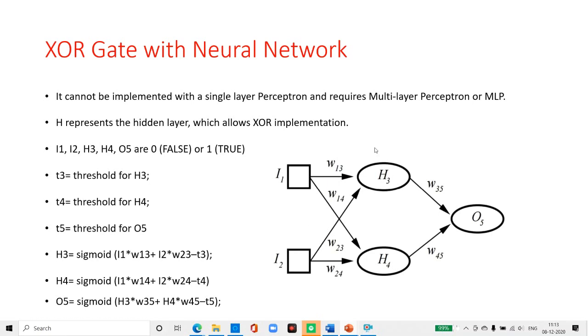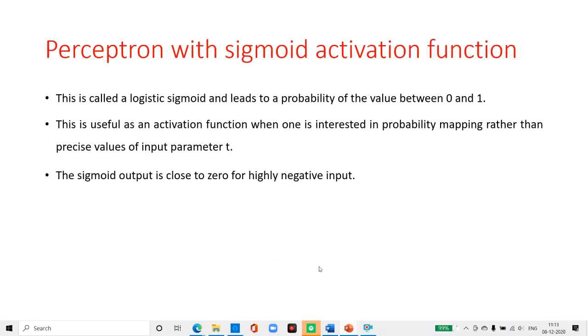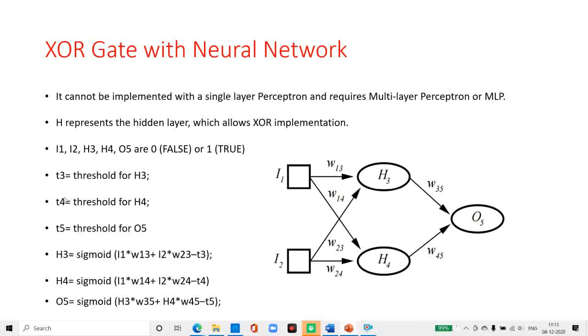So the input, hidden layer and output are in binary format, 0 or 1, true or false. T3 equals the threshold for H3, and T4 equals the threshold for H4. T5 is the threshold for O5, output 5.